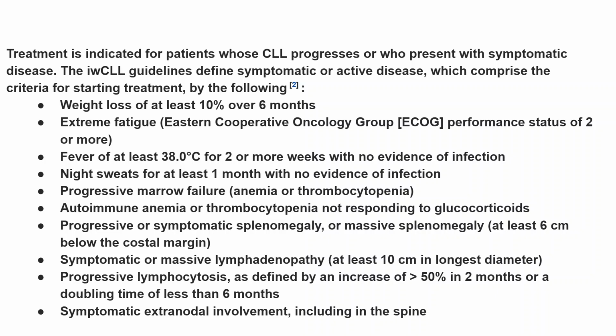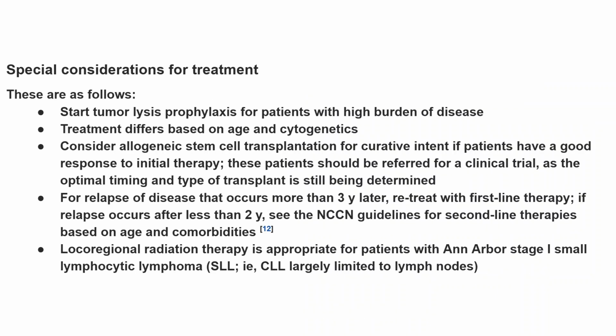Symptomatic or massive lymphadenopathy. Progressive lymphocytosis, defined by an increase of more than 50% in 2 months. Symptomatic extranodal involvement, including the spine. These are the specific indications to start the specific therapy, the anti-cancer or anti-leukemic therapy. Otherwise, there is no need for treatment in that condition. This is the international guideline.